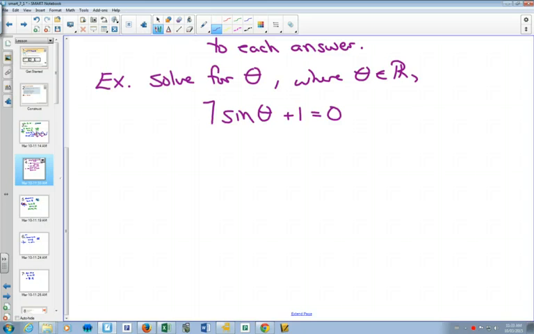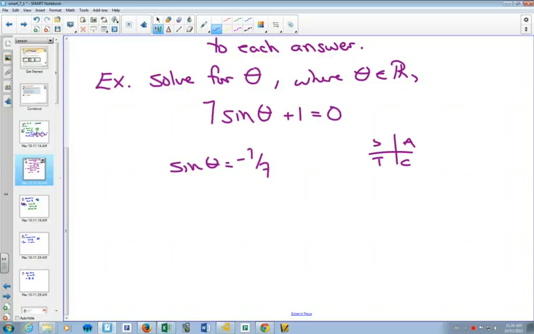Okay, so solving for this one, you're going to get sine of theta is negative 1/7. That's not on our pi plate, so this is a calculator question. Since sine is negative, thinking to our CAST rule, we know that it's going to be in quadrant 3 and quadrant 4.